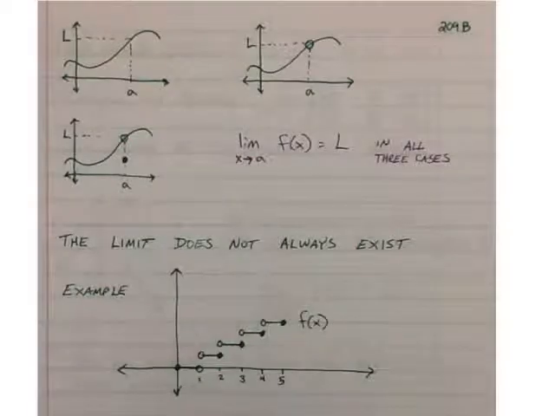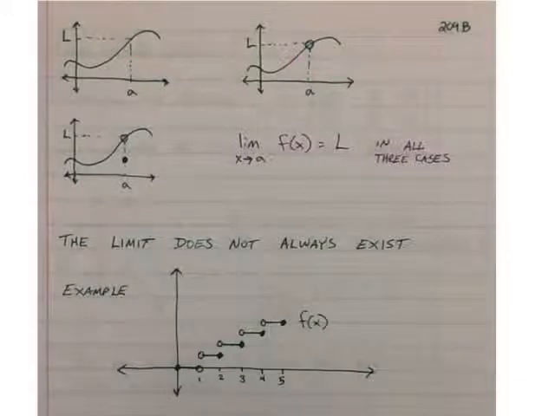Here we have 3 examples, very similar, where you've got the curve on all 3 examples, and like the last example, it was actually defined. So the limit as x approaches a of f of x is L, even if there's a hole, and even if there's a hole with a jump to a different y value on the graph. So this statement is true for all 3 of these graphs.